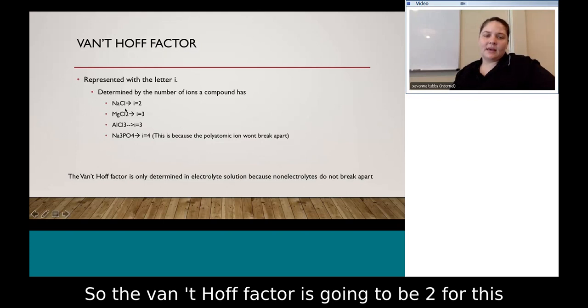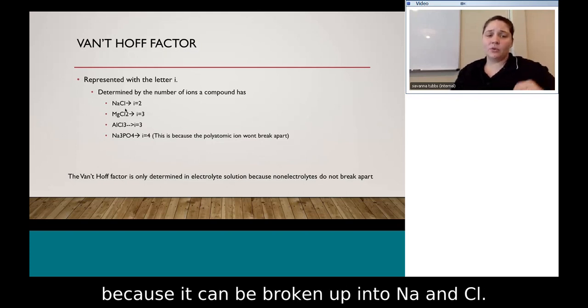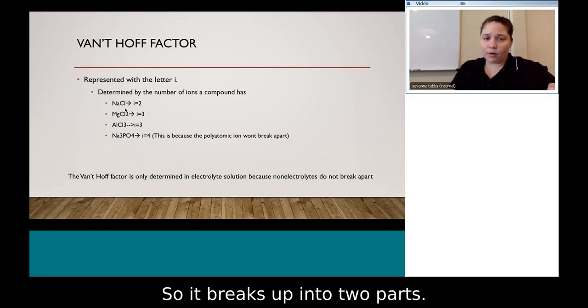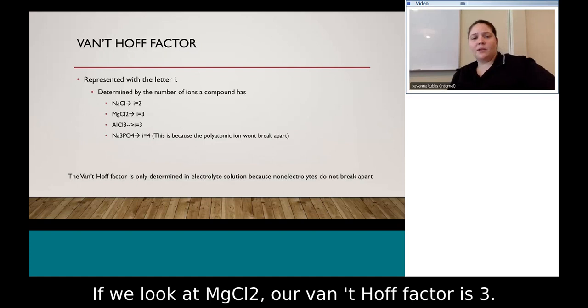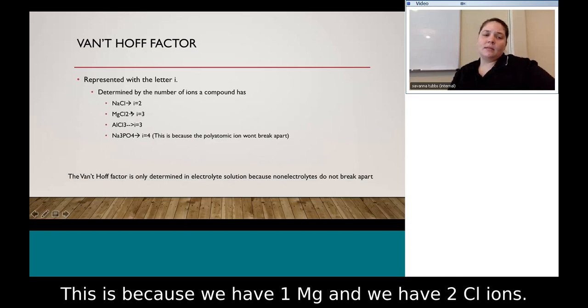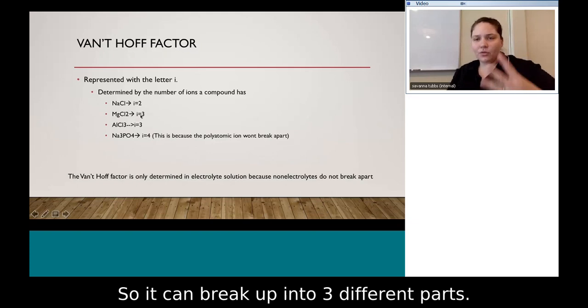The Van't Hoff factor is going to be 2 for this because it can be broken up into Na and Cl, so it breaks up into 2 parts. If we look at MgCl2, our Van't Hoff factor is 3. This is because we have 1 Mg and we have 2 Cl ions, so it can break up into 3 different parts.